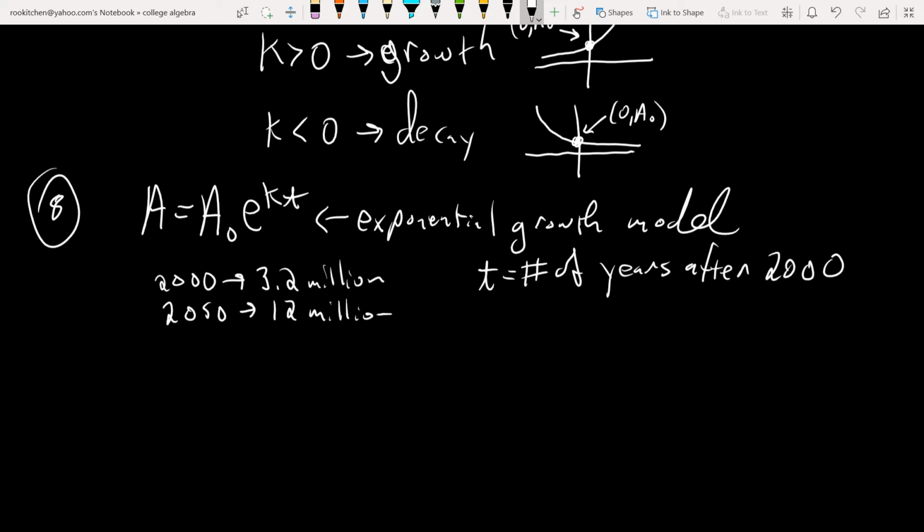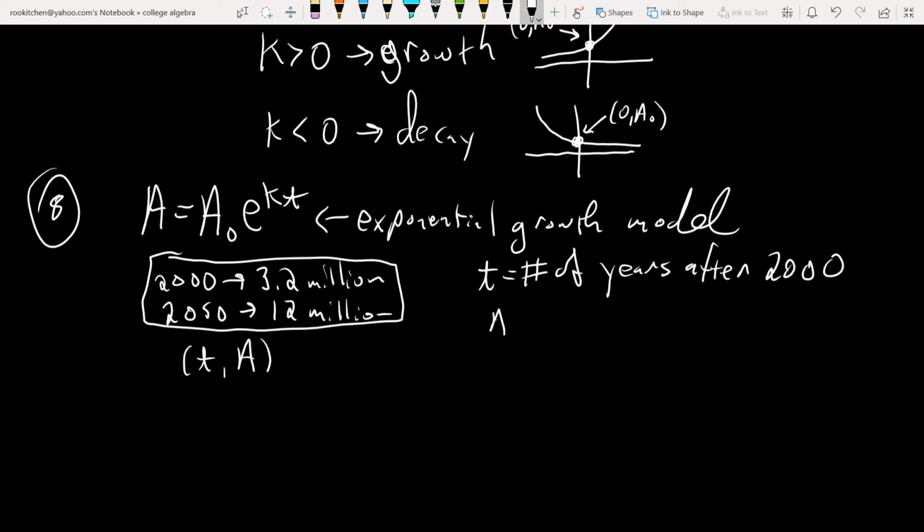So what we have here is really two ordered pairs. It's going to be t comma a, where t is the number of years after 2000, and a is going to be the population. So a represents the population in millions, t years after 2000.